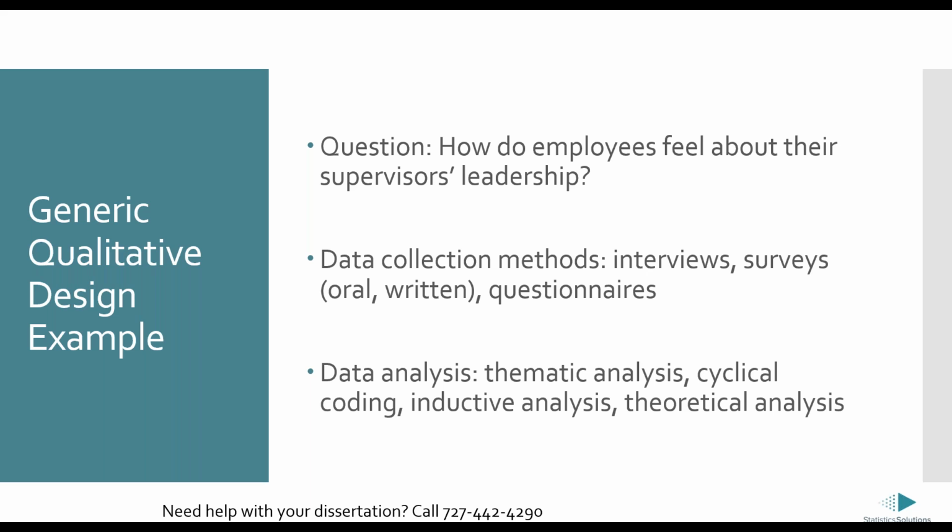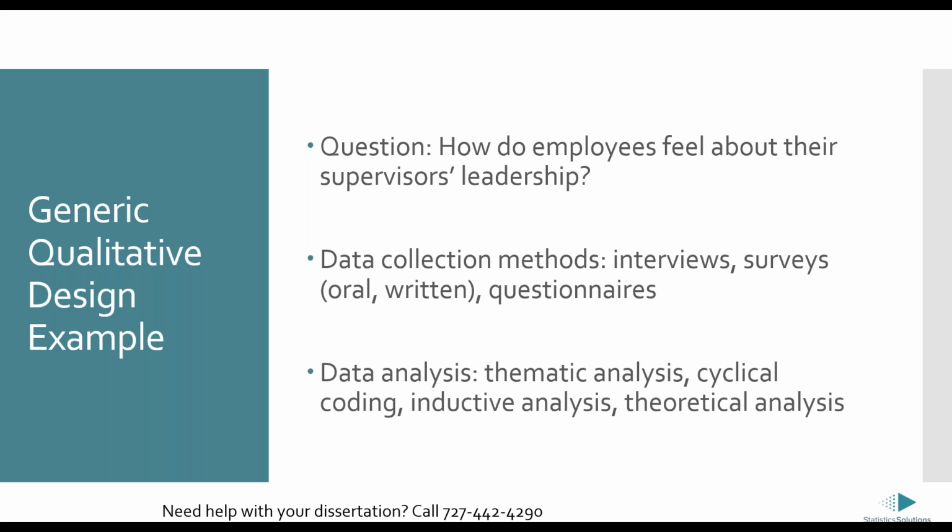And for data analysis, a generic qualitative design really is great because it's so flexible. And this is true with the data collection methods as well. Generic designs are flexible so that you can kind of, I don't want to say pick and choose, but essentially, that is what you can do because it doesn't adhere to a specific design that runs all the way from data collection through data analysis.